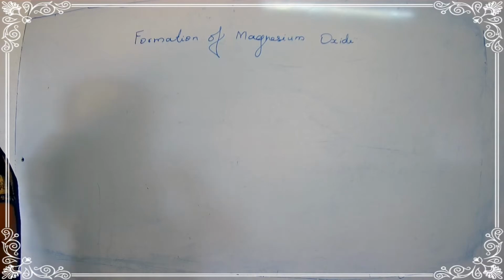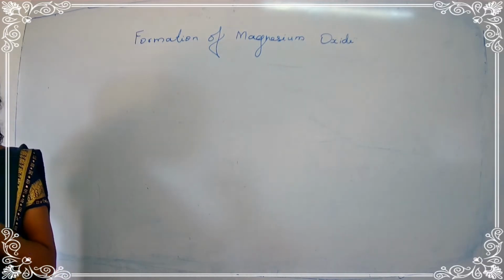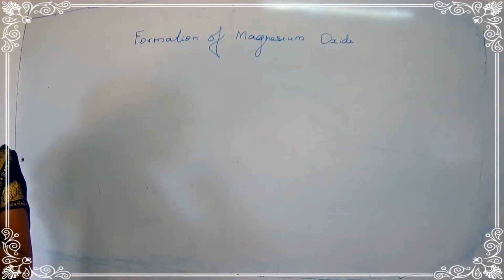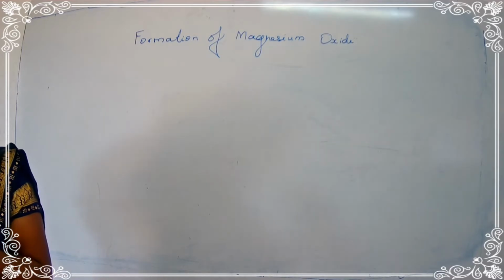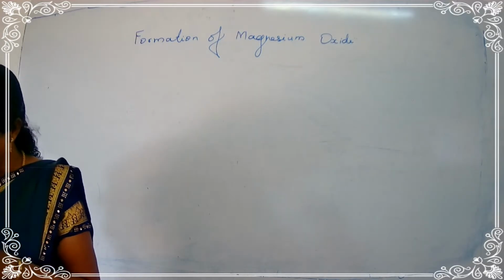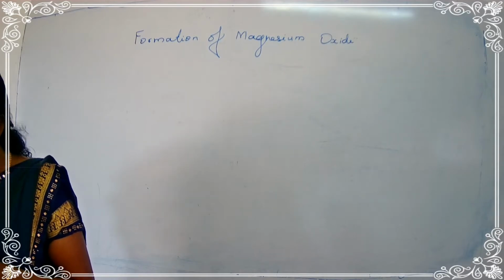Now, what is the atomic number of magnesium? You look at page number 38. The atomic number of magnesium is 12.